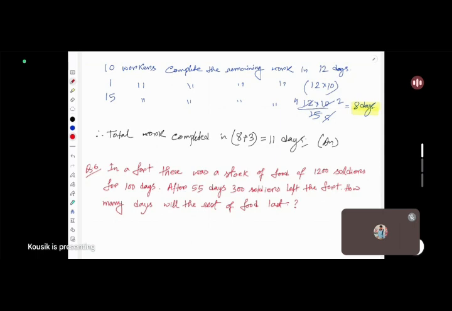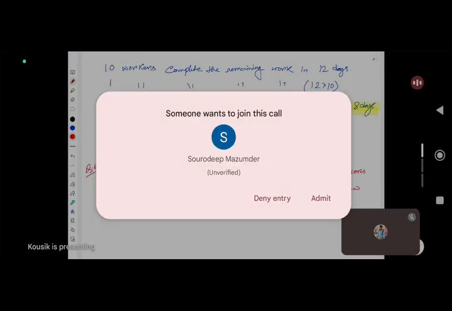After 55 days 300 soldiers left the fort. How many days will the rest of the food last? This also happened after 55 days.